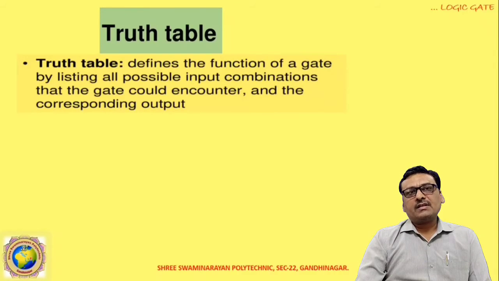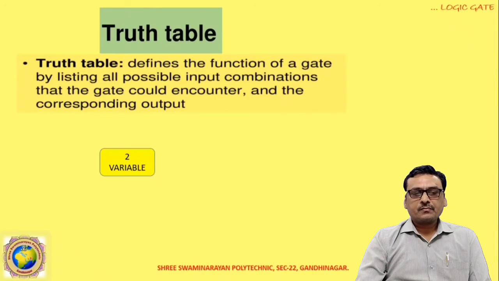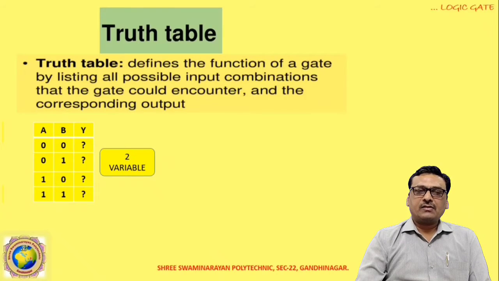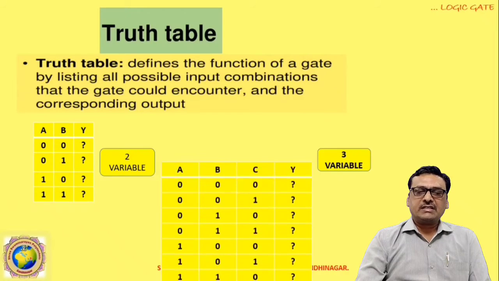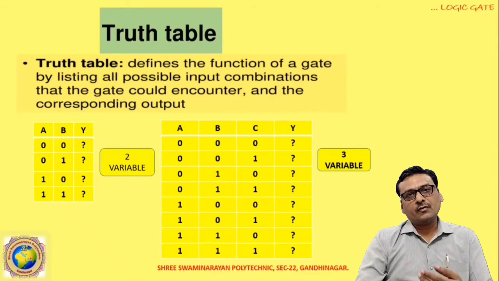Suppose the number of variables is 2, meaning there are 2 inputs, A and B. The combinations are 2 raised to 2, which is 4: 0 0, 0 1, 1 0 and 1 1. We check the value of Y for all four possibilities. This makes a truth table for 2 variables.